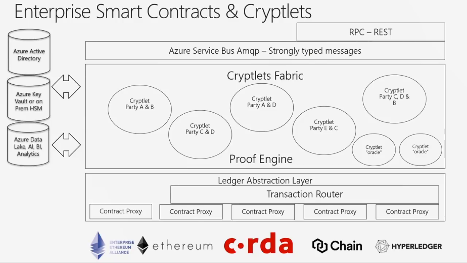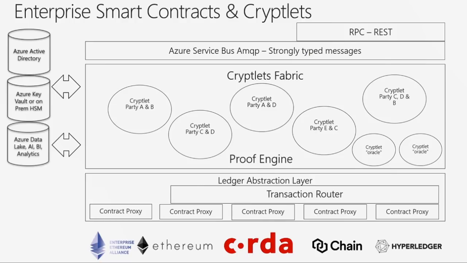We're using Azure Active Directory for open federated identity. Most enterprises already use Active Directory, so that's sort of an easy in. Identity is one of those pervasive capabilities that we need in every enterprise blockchain. Azure Key Vault provides our bring your own key scenario where you have control over your secrets for your participants, and they're stored there.